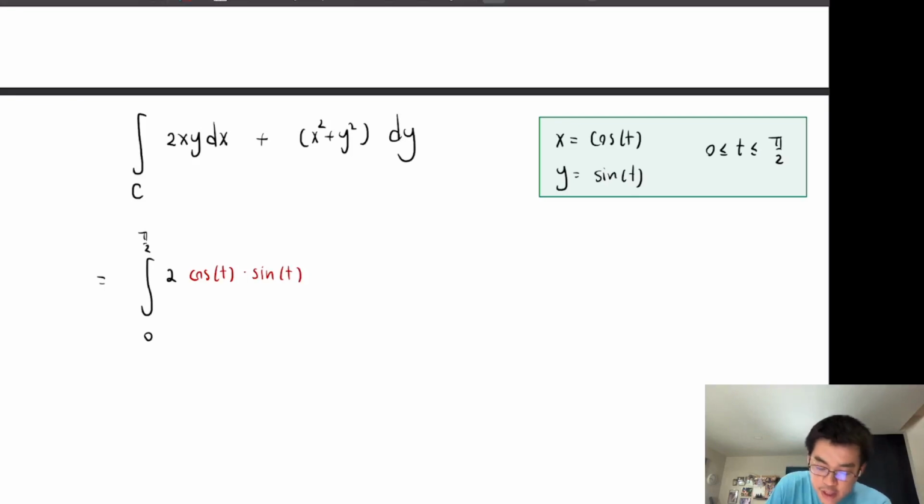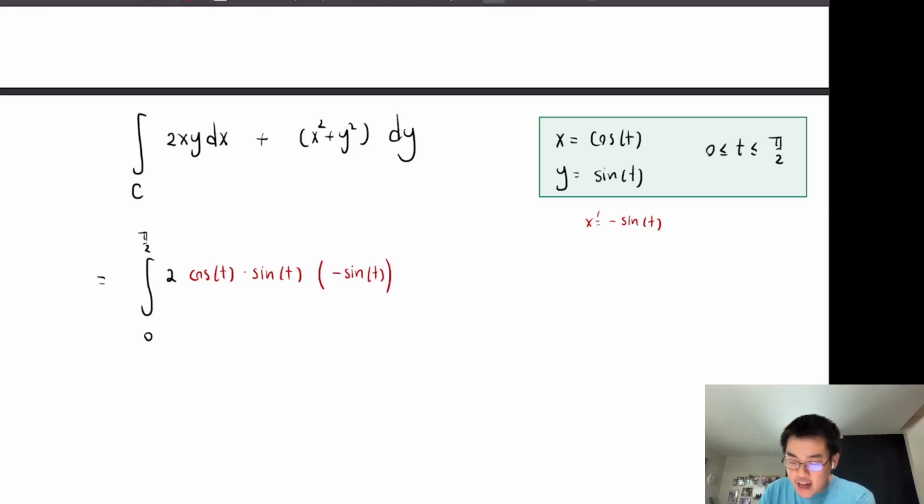All right, and then you see dx, and remember, d means differentiation, right? So you tell yourself, okay, x equals cos, sorry, x prime equals minus sine, right? So I'm going to multiply by minus sine t.